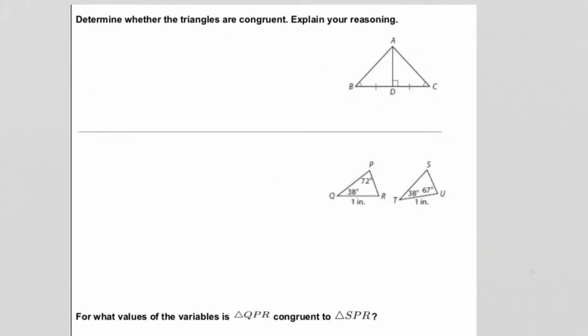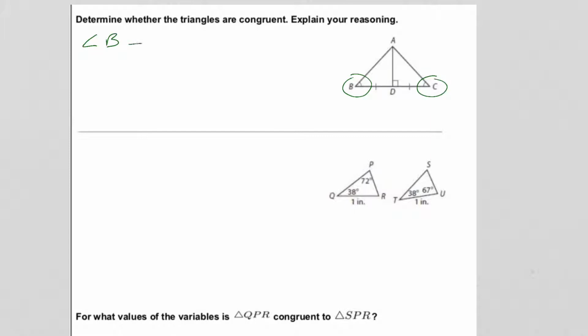Okay, so now let's determine whether the angles are congruent and explain your reasoning. So you've got this triangle here, and let's try to see if we can figure it out. We know essentially angle B and angle C are the same.